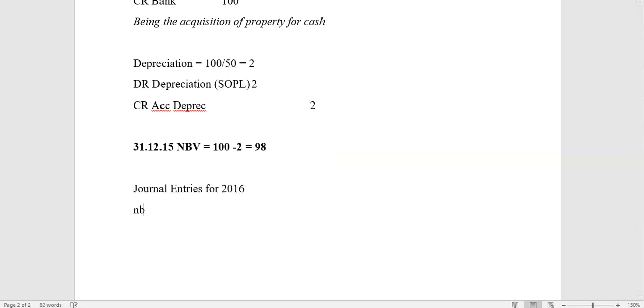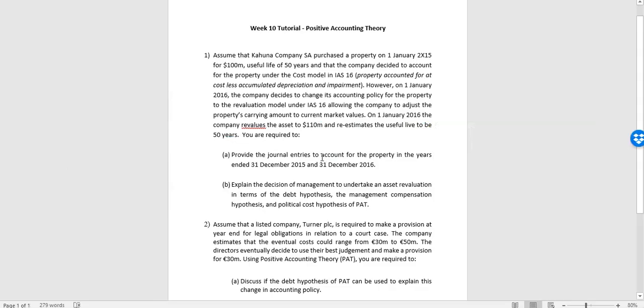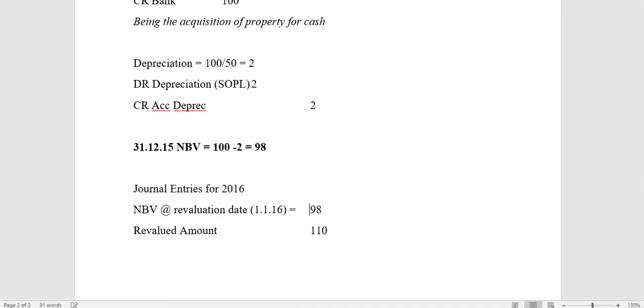So for 2016, your net book value at the revaluation date, which is the first 16, was 98, and your revalued amount, we're told in the question, was 110. So this clearly is a revaluation gain.